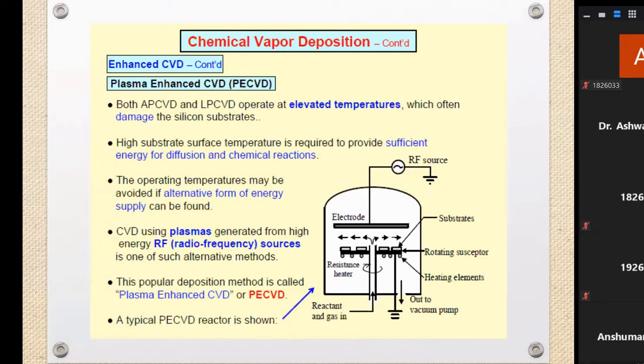The precise temperature control of the substrate surface is necessary to ensure the quality of the film. We need to precisely control the substrate temperature to get a quality deposition of film over the substrate. So basically this is the reactor for the plasma enhanced CVD.